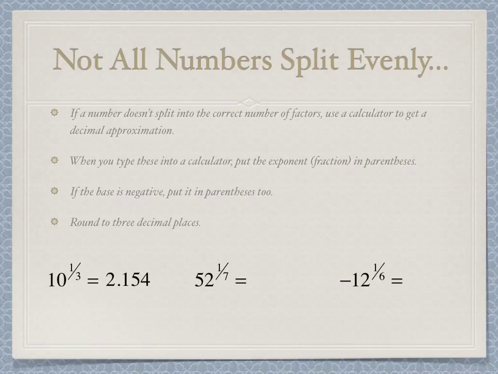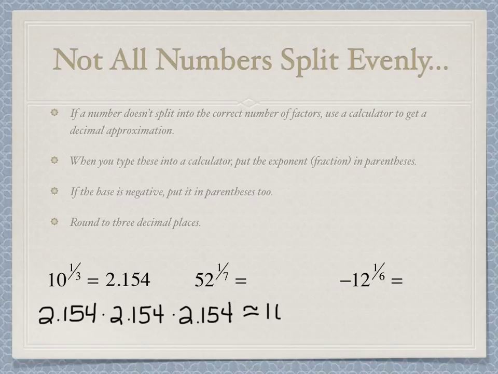And again what that means is if you did 2.154 multiplied by itself 3 times, or in other words 2.154 to the power of 3, it should come awfully close to 10. Now it's probably not going to come out exactly because this was a rounded number. Okay, that 154 actually continued, and I'm not sure what the decimal was, but that's what you're really saying, is what times itself 3 times would give you 10.